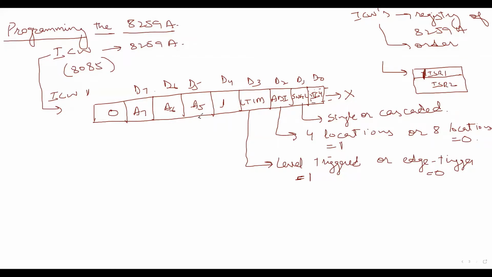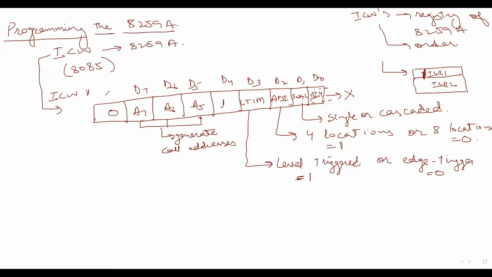These 3 bits, D5, D6 and D7, are used to generate call addresses, the addresses that 8259A has to give to the 8085 microprocessor. We will see how we use these 3 bits to generate addresses.